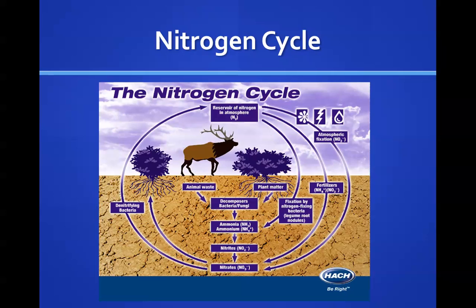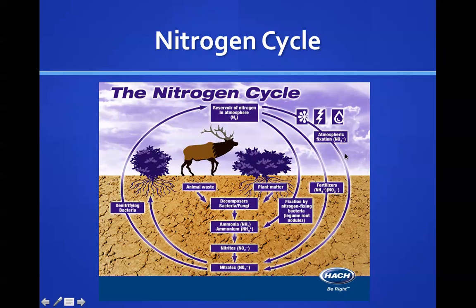Then all these nitrates go back into the plant, and you can see how the denitrifying bacteria convert it back into the atmosphere, and the atmosphere comes back and gets fixated by legume root nodules, which I'll talk about.